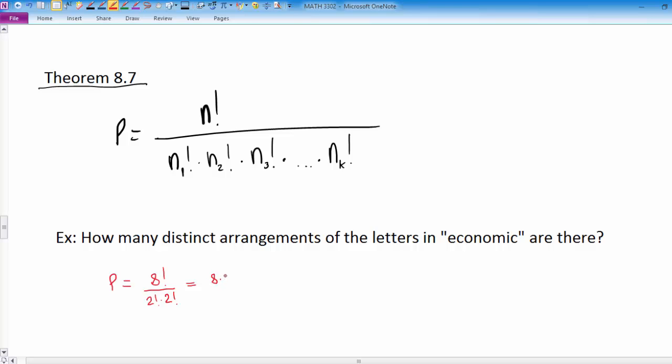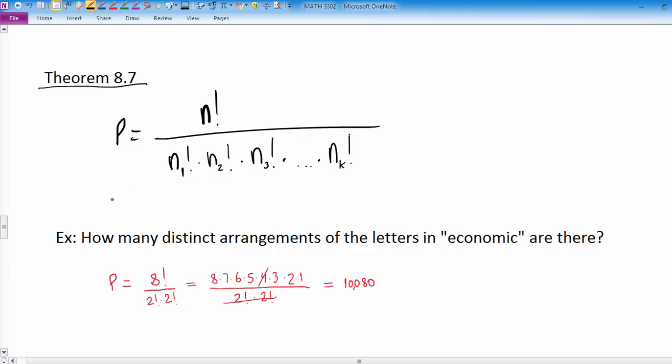And that gives us 8 times 7 times 6, 5, 4, 3, 2, 1, over 2 factorial, 2 factorial. 2 factorial is 2, 2 factorial is 2. That's 4. That will cancel with that. Multiplying these numbers according to my calculations here, it would be 10,080 arrangements.